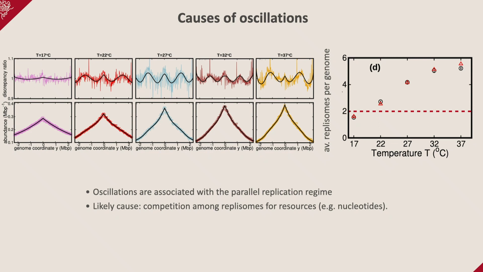And also the wavelength we find is consistent with the expected time between replication starting events. But again, these are just suggesting evidences. We don't have a final proof, so more work is necessary to understand how this should go.